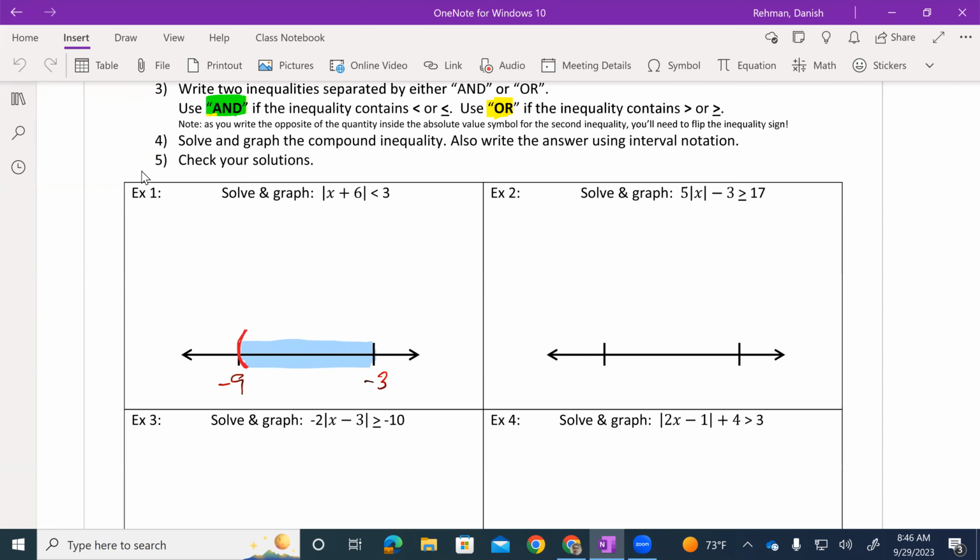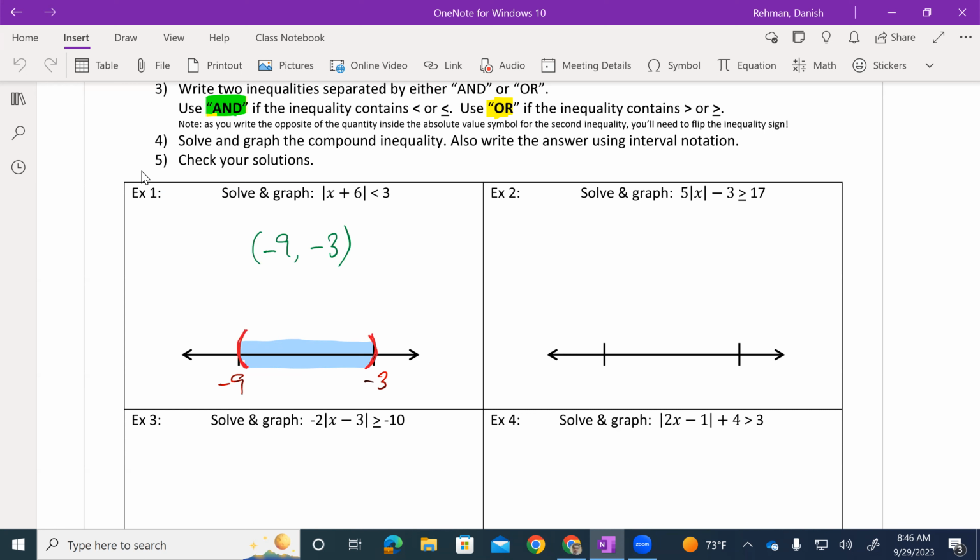We will use parentheses here, okay? That's going to be my resulting interval, and I will mention it here: from -9 up till -3 is my answer for this inequality. Make sense? A little bit?